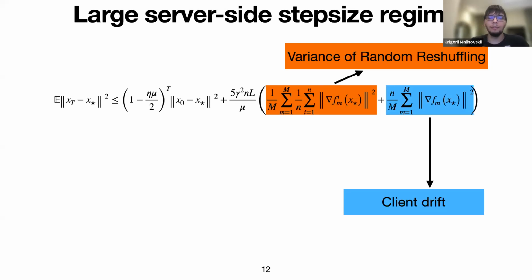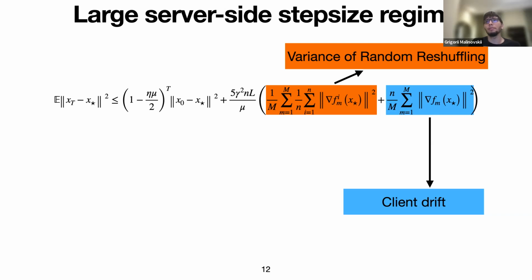This client drift is the error accumulated by a local method because of data heterogeneity. Since the number of local steps is not equal to 1, and since each function has its own minimizer, local methods can diverge in some sense.